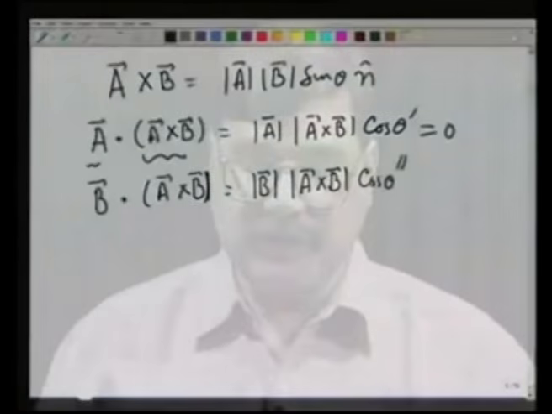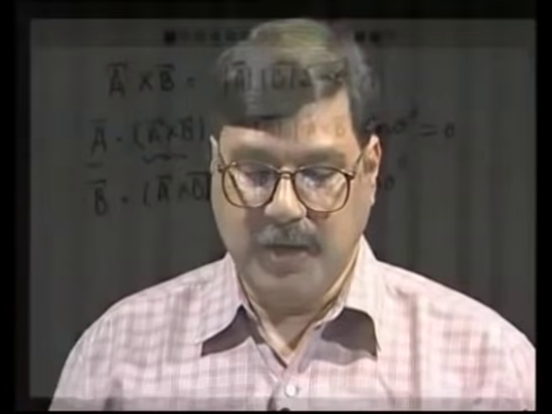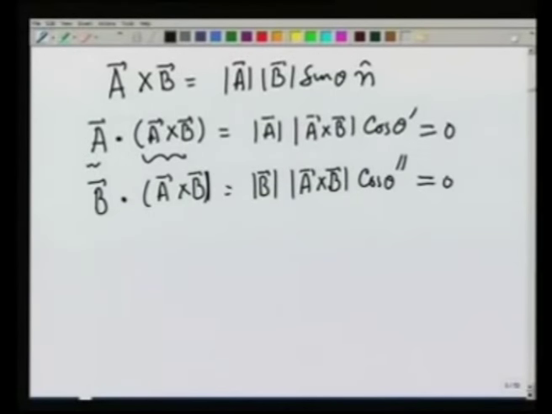Again, since A cross B is supposed to be perpendicular to A and B both, this should also be 0. So, let us take an example.